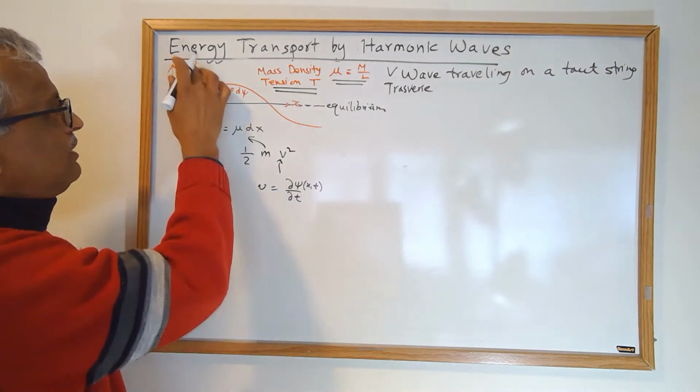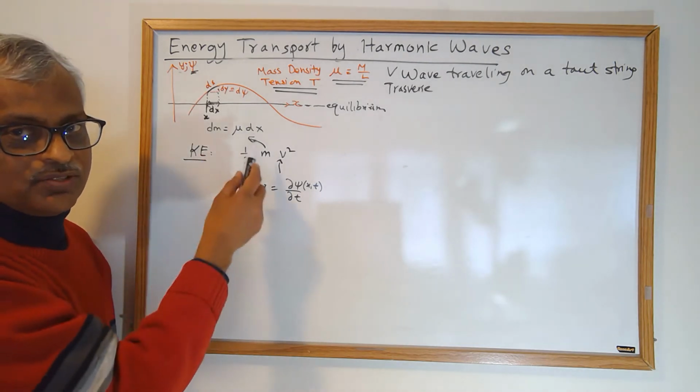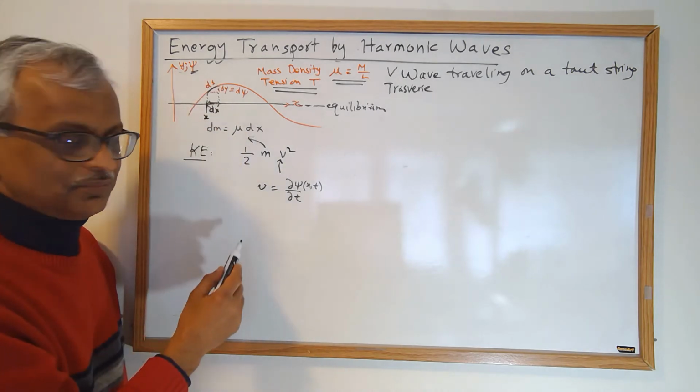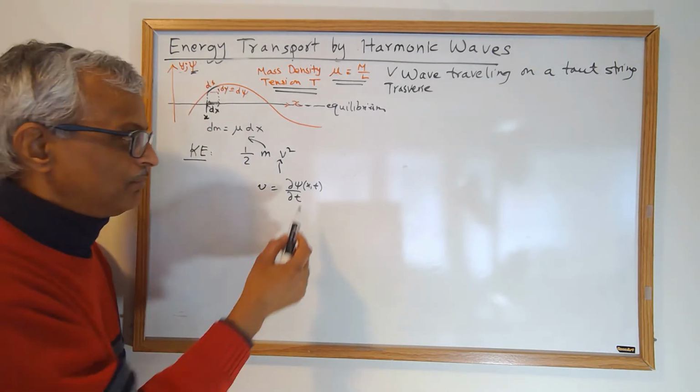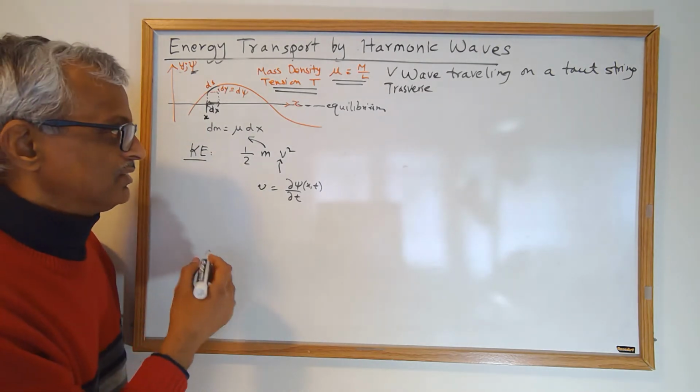Or you can say y dot, but we're going to use psi to denote y. Kind of crazy, but because of consistency in using the same letter to represent the waves, we are doing this, okay?